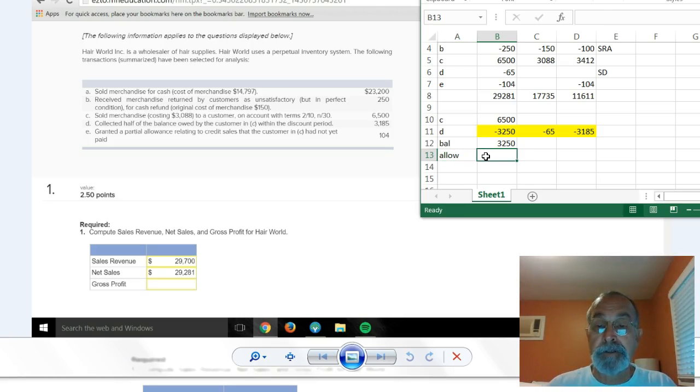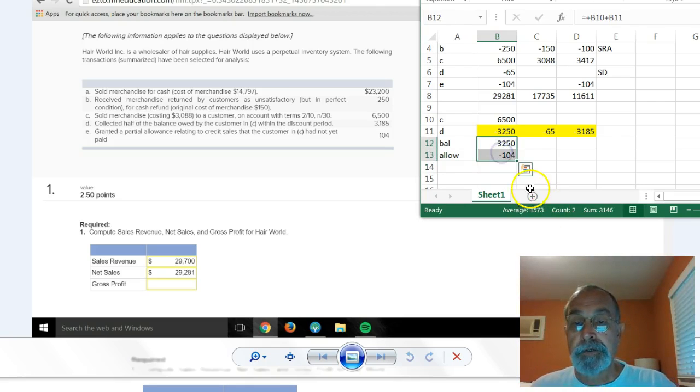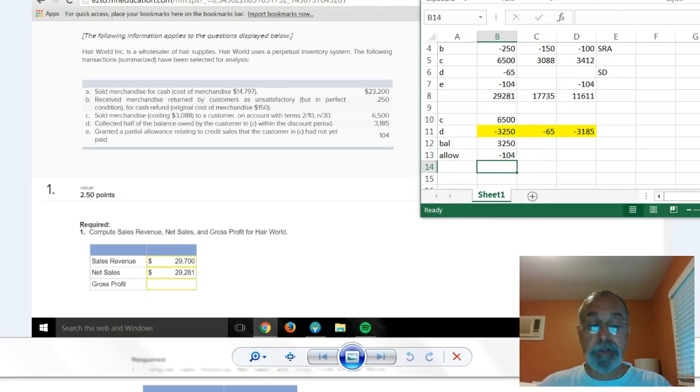Now, allowance in this situation is basically a price reduction. So on the remaining $3,250, the customer is going to owe us $3,146.